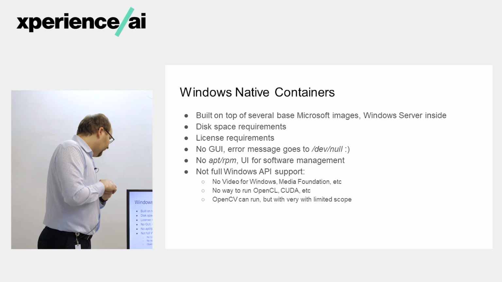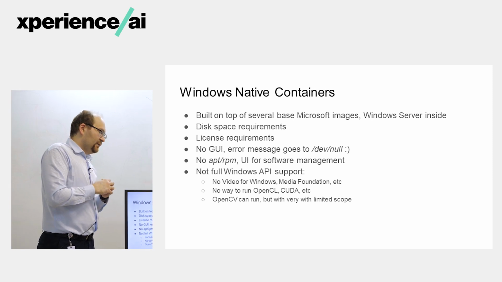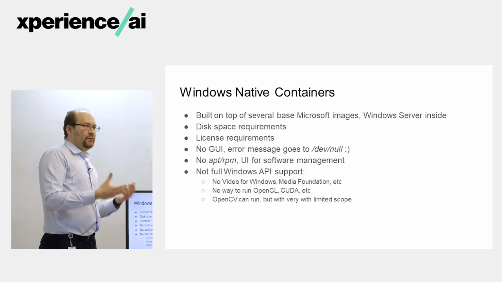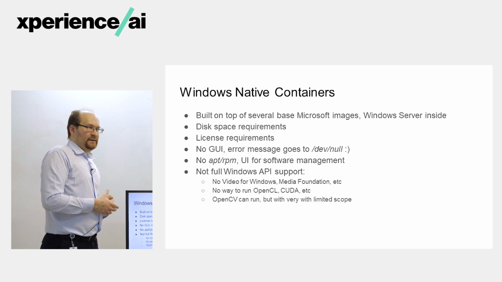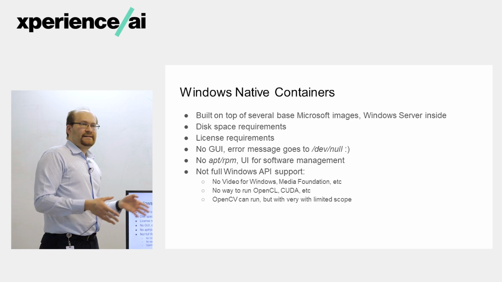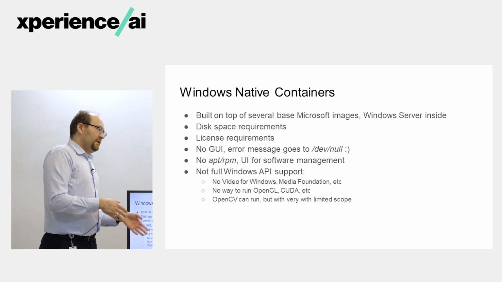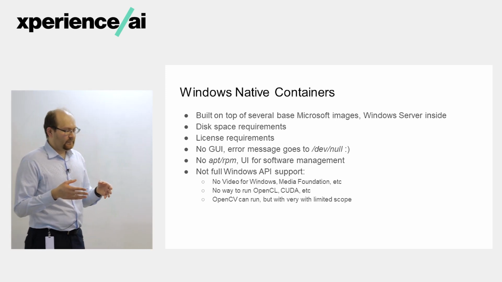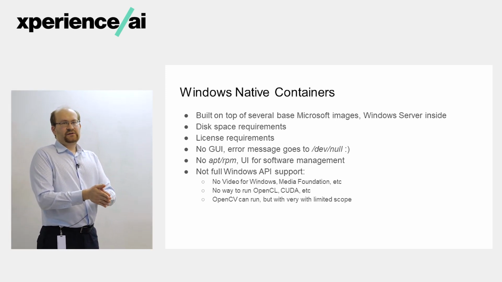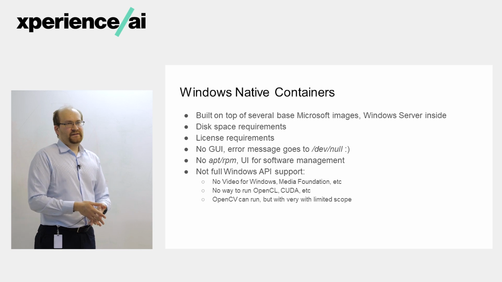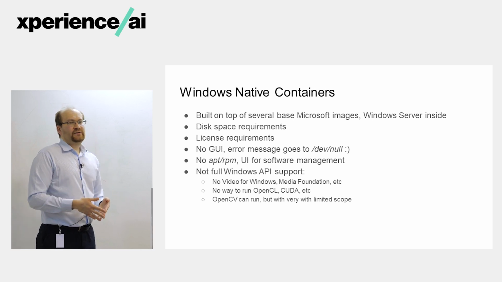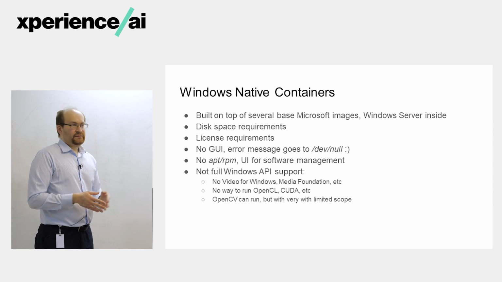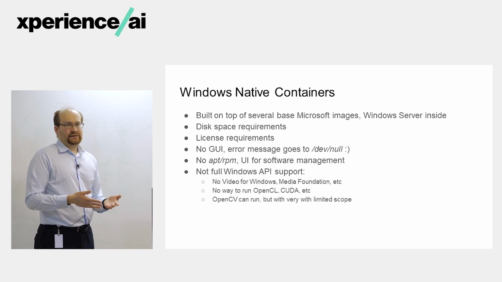Then, even if the size of the base Docker image is several gigabytes, it doesn't provide the full Windows APIs. For example, there is no multimedia stack there, no Video for Windows, no Media Foundation. If you build OpenCV on your Linux host, you can push this OpenCV there, but you can't run it because some DLL libraries are missing, so it doesn't start at all.